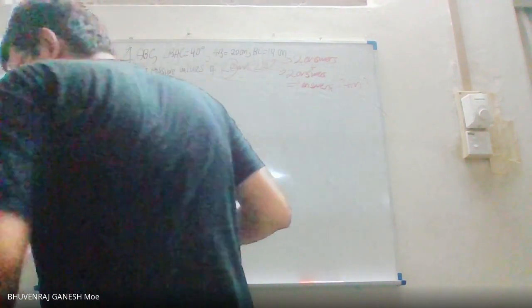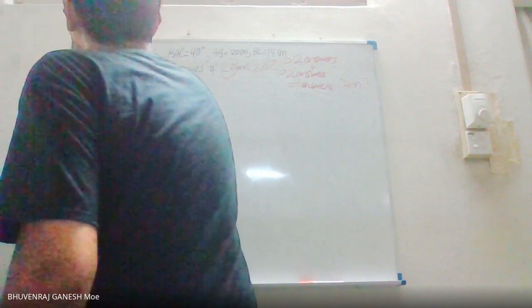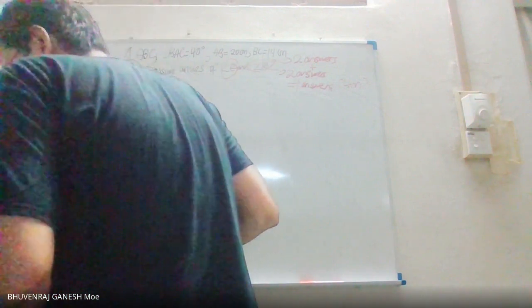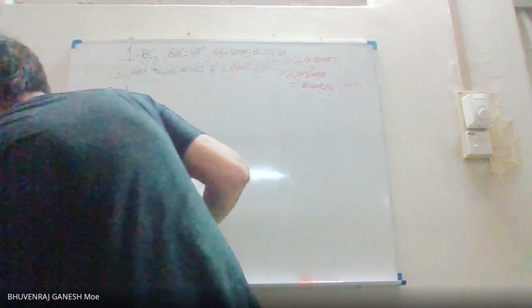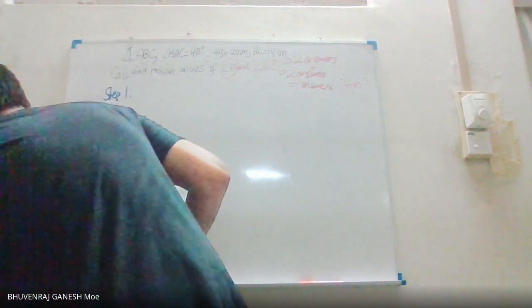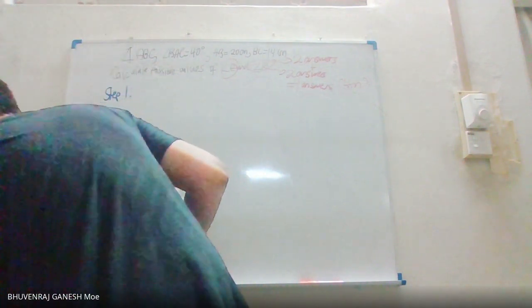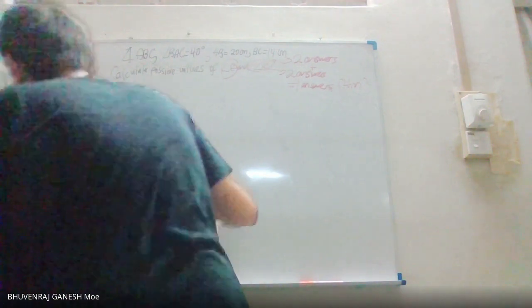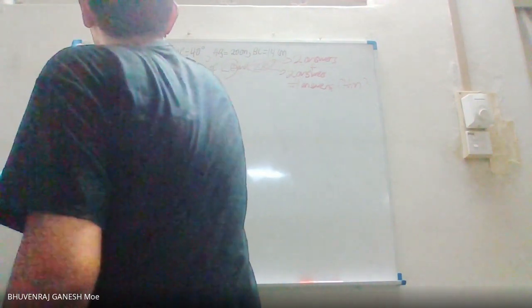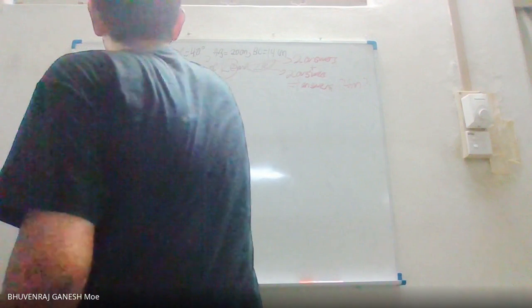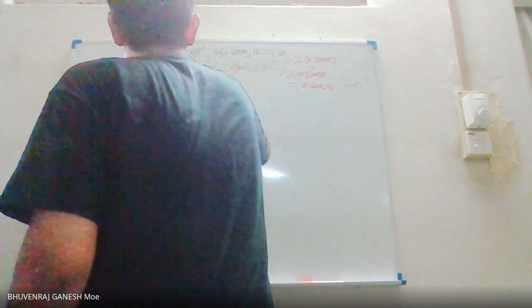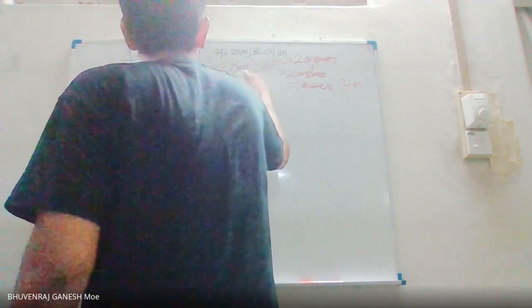So the first thing is to determine whether the ambiguous case exists. Step 1, they're describing the steps on how to solve: determine whether the ambiguous case will exist or not. So we draw the triangle out first to analyze it.